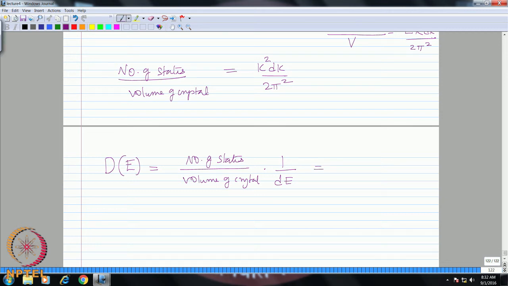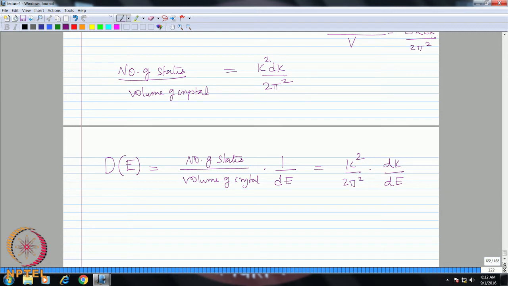If you substitute into this, you get k square by 2 pi square into dk by dE. Or in other words, if you go to your dispersion relation E versus k, take the slope and take the inverse, multiply by this constant, that will give you your density of states. You understand? Okay. So, this is your definition.